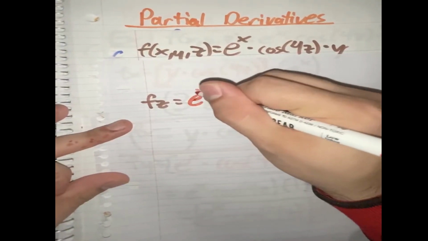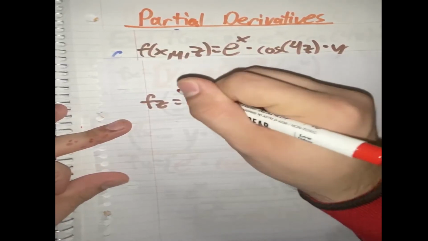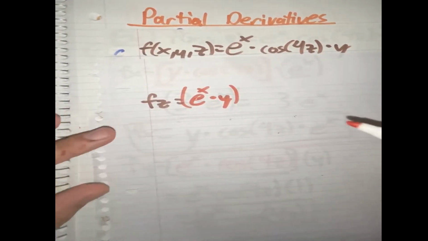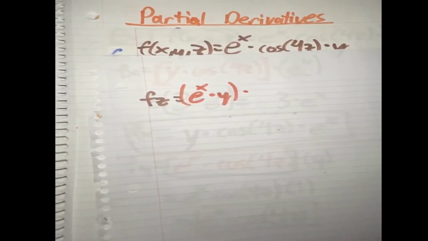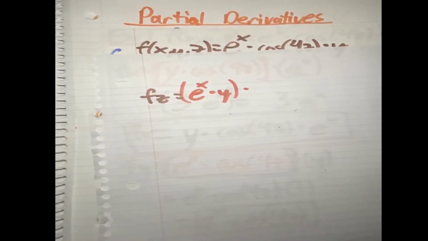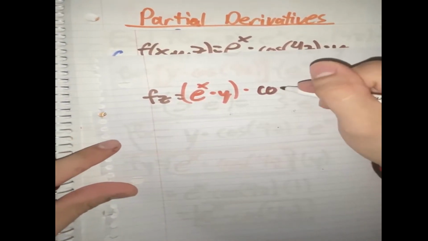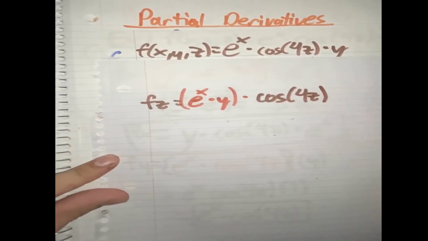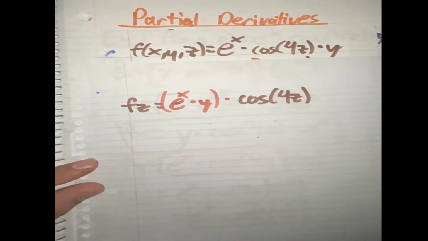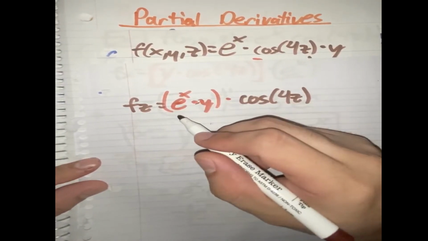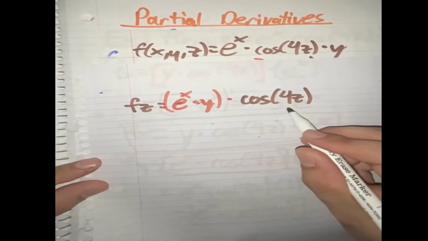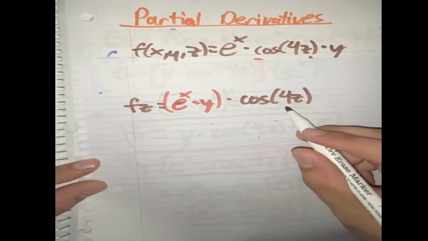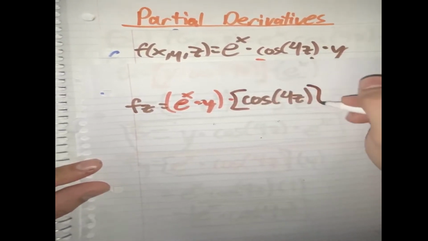So e to the x times y dotted with cosine of 4z. So this is a constant. This is simply a constant being multiplied by this. So we're only focusing on this.